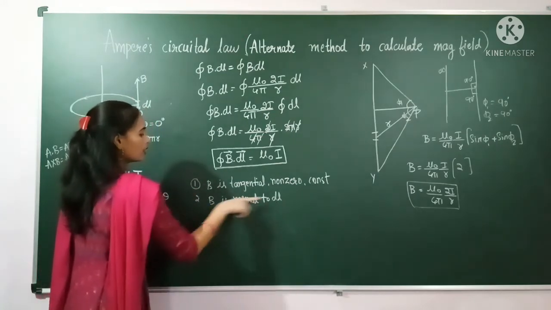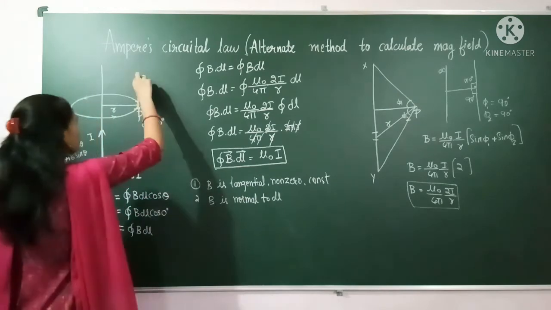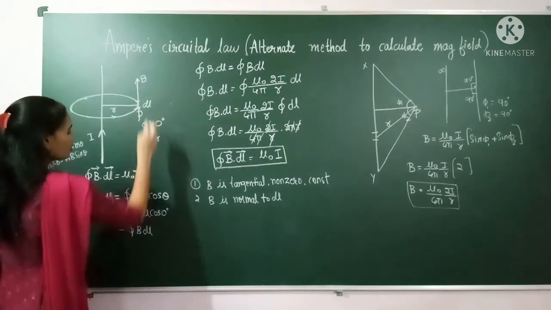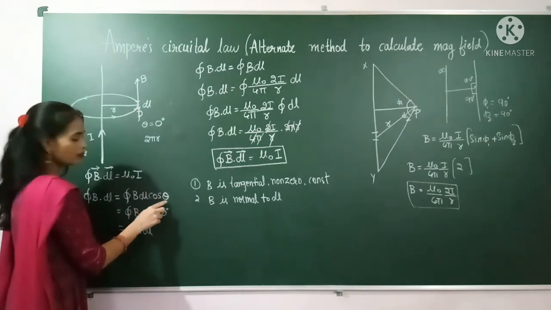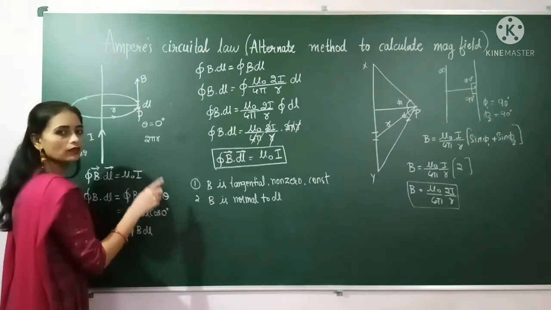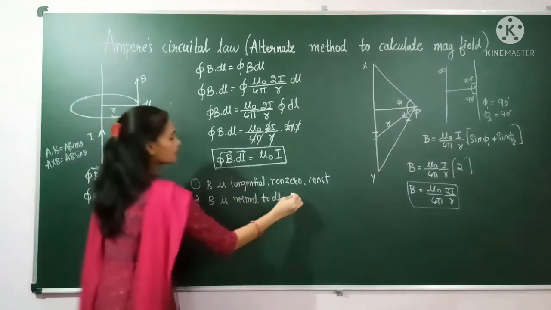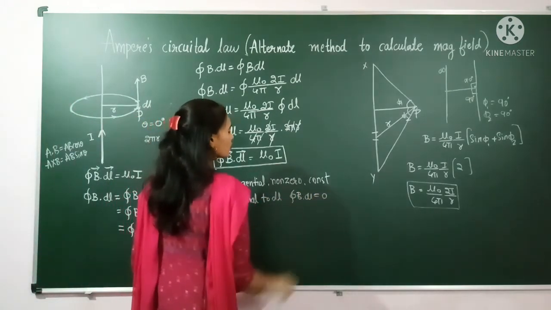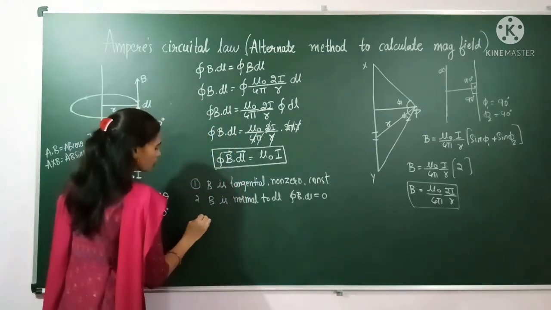Next, B is normal to dl, meaning this B value is perpendicular to dl. If B is perpendicular to dl, then cos theta becomes cos 90, which is 0, so in this case the closed integral B dot dl value will be 0. So in this case also Ampere's circuital law holds good.